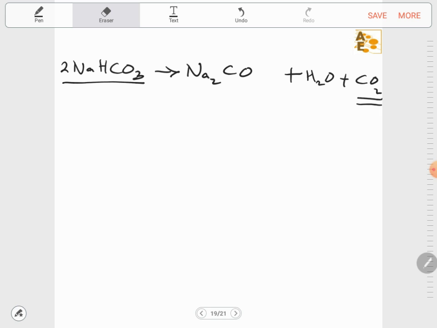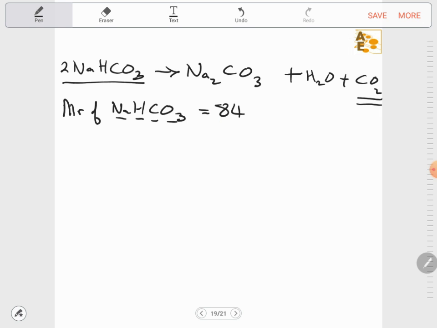First, we have the MR of sodium hydrogen carbonate, NaHCO3. Sodium is 23 plus hydrogen 1, carbon 12, then 16 multiplied by 3. That will give you 84. The relative molecular mass of sodium hydrogen carbonate is 84.